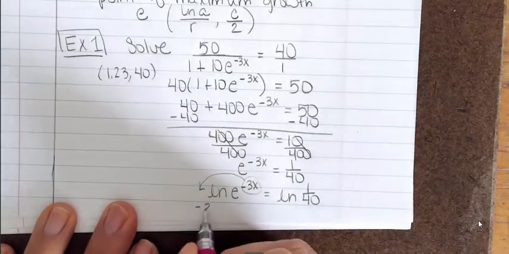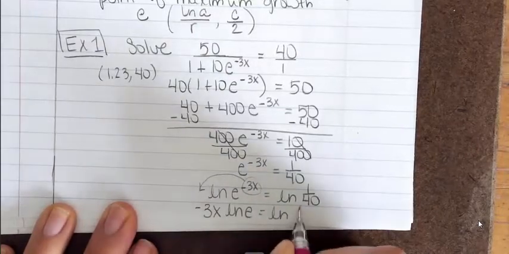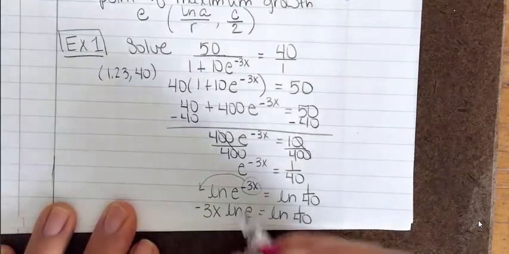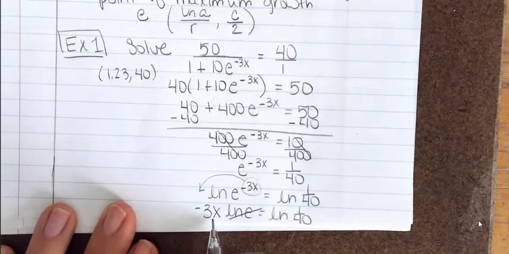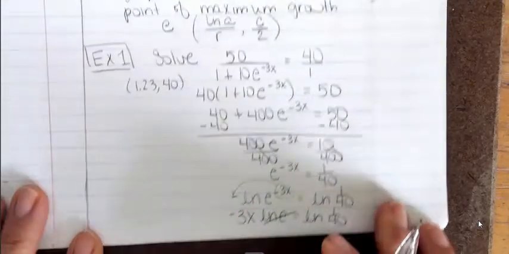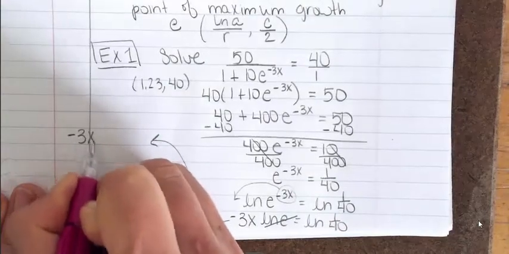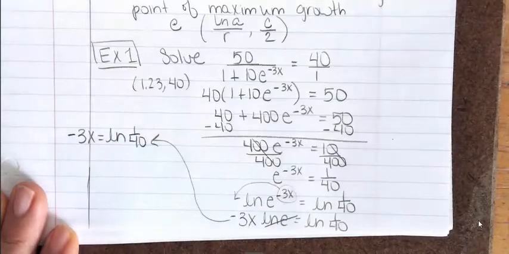So I've really got negative 3x ln of e equals ln of 1/40. ln of e is just 1, so that is gone, right? So we just have negative 3x. I'm out of room, so I'm going to come over here. So we have negative 3x equals the ln of 1/40.